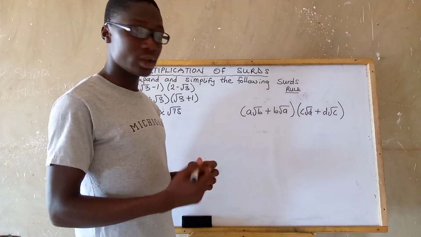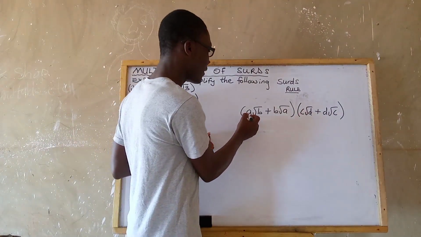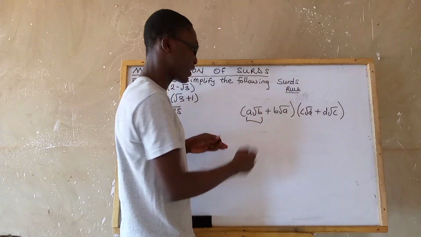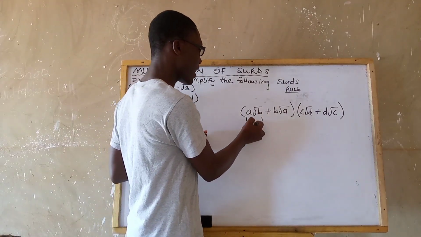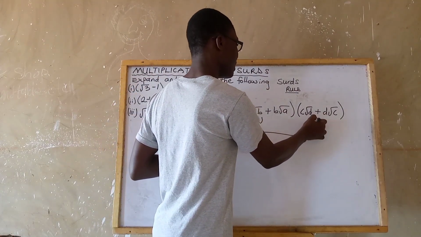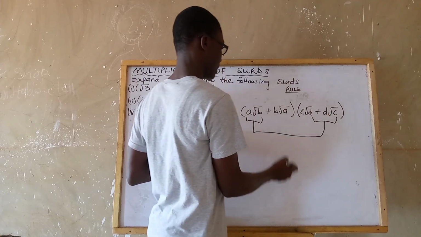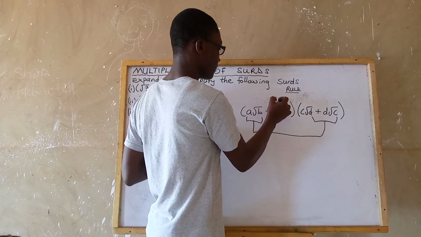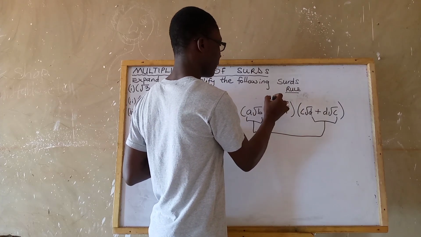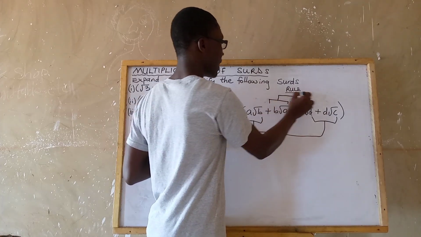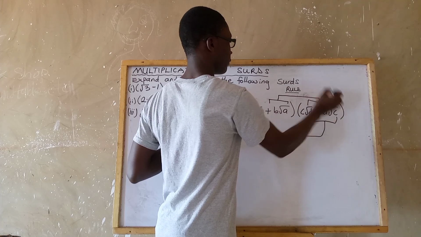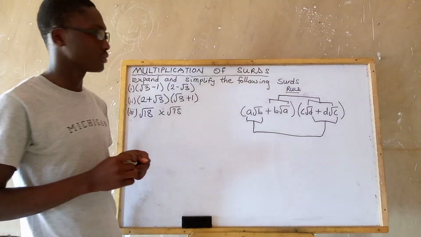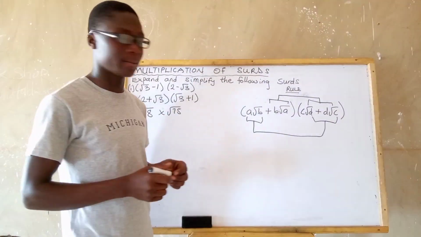What you have to do is take the first term from the first bracket and multiply each term in the second bracket, and then you take the second term of the first bracket and multiply each term of the second bracket, and then you simplify.